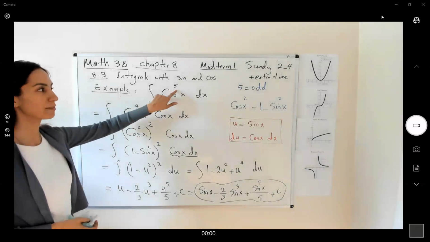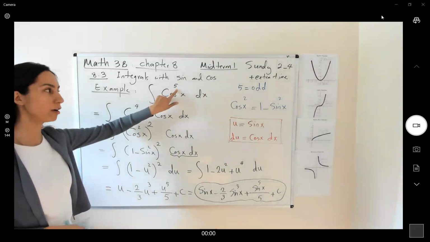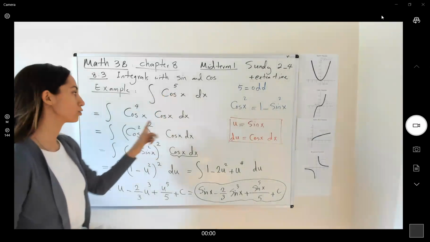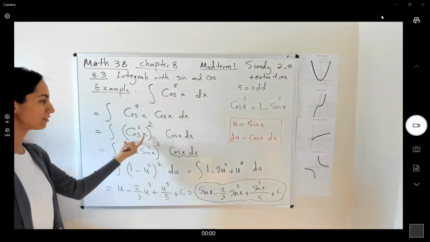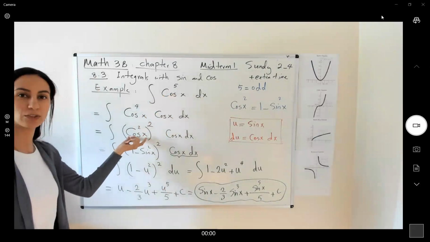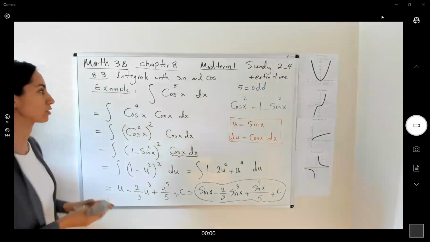So note that when the exponent is 5, we can separate it into the product of cosine and cosine, then we can convert cosine into sine and take the integral.